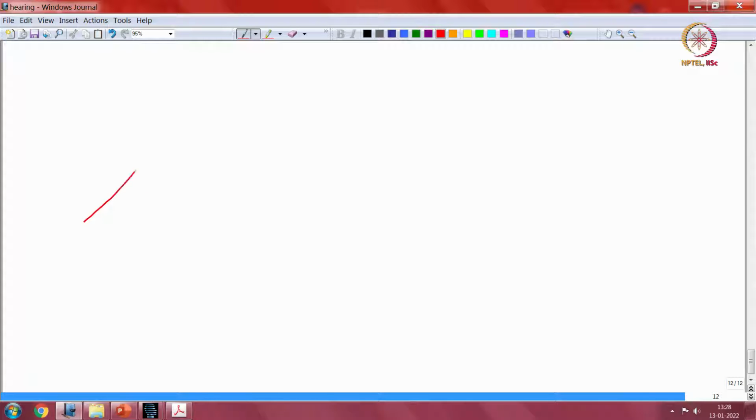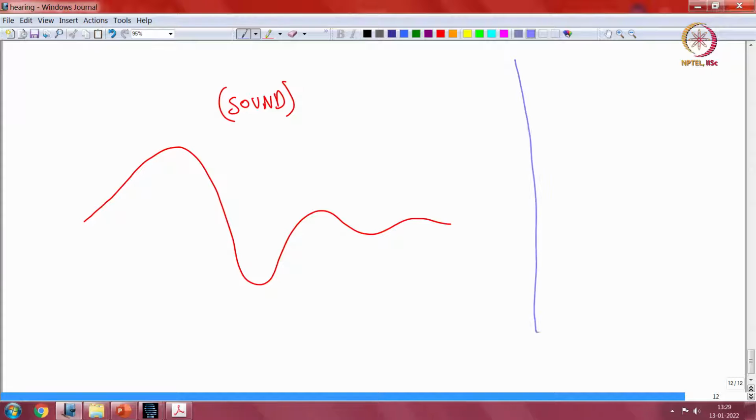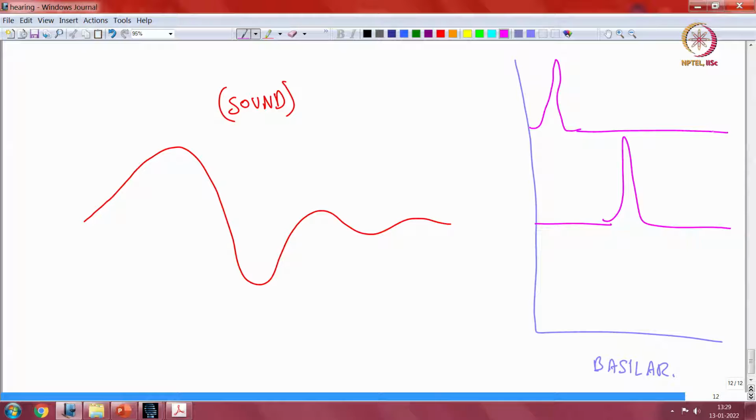So, what has happened is the basilar membrane took this very nice complex waveform which is sound, and split it into its component frequency.